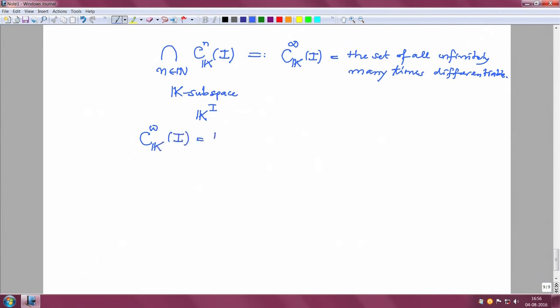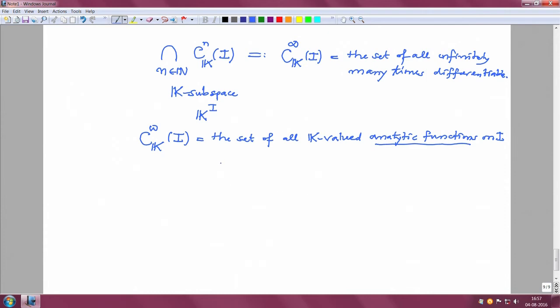This is the set of all k valued analytic functions on I. What is an analytic function on I?